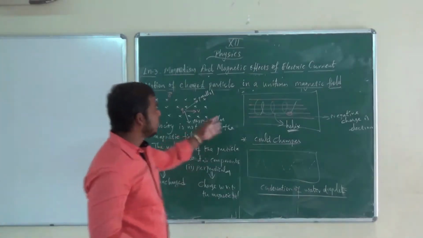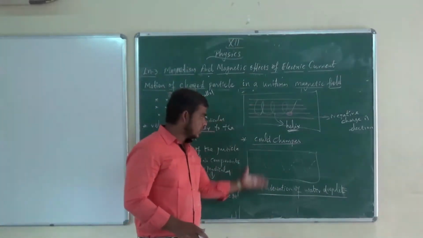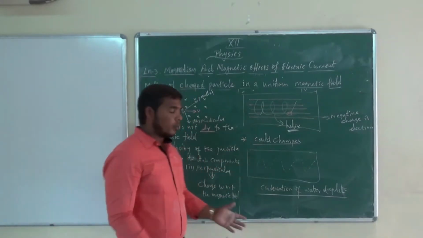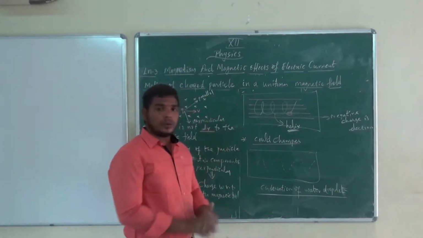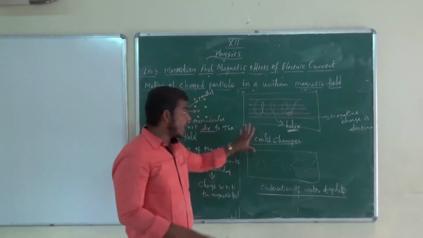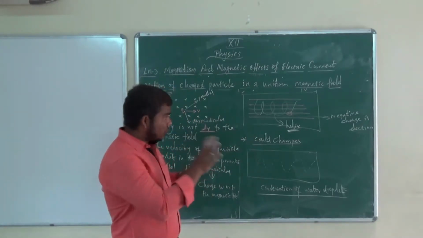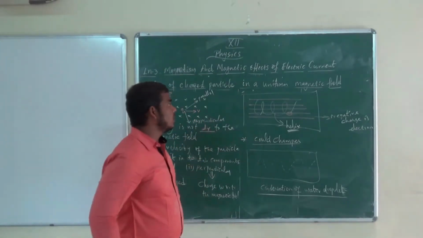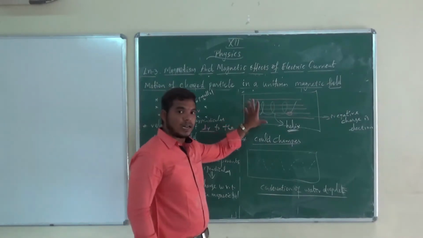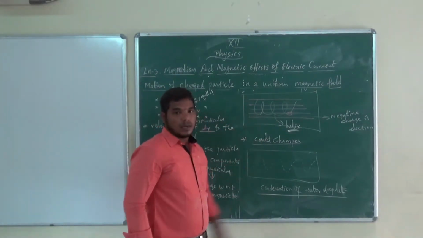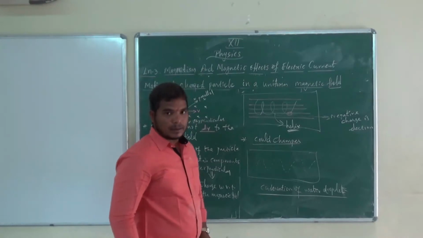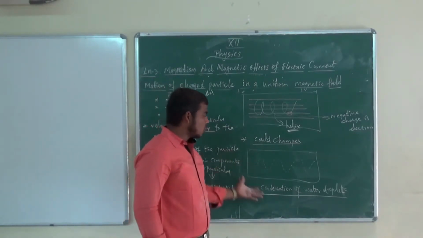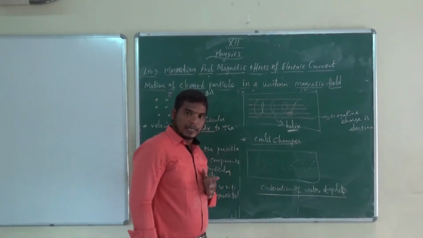Last year they didn't give this information, but this year, in the new book, they explain how to find the movement, position or path. It is not possible to see it directly, so we use another instrument called the cloud chamber. In the cloud chamber, it shows condensation of water droplets.